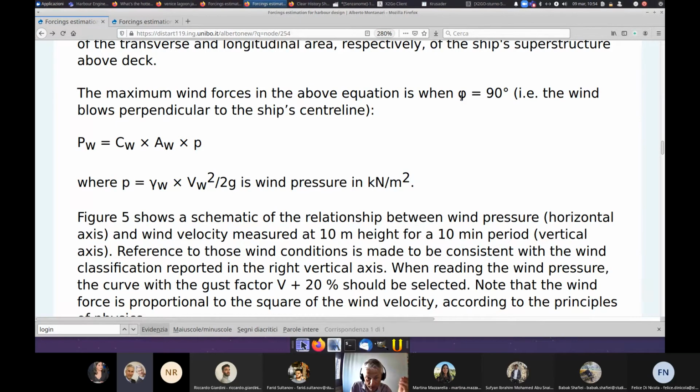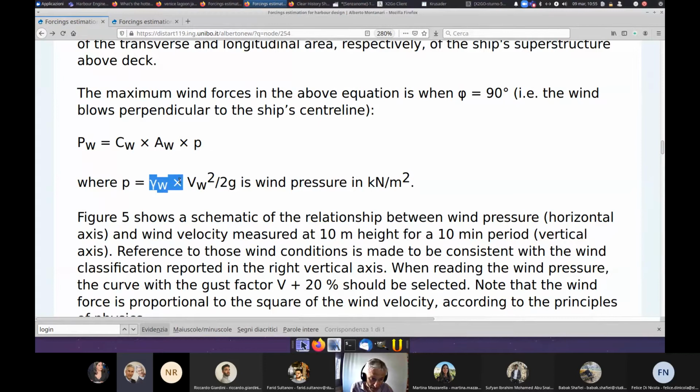So in order to get the max of the wind force, you have to take the wind that is acting perpendicularly to the longitudinal area, so phi is equal to 90, and you get this expression for the max, which is CW, and CW will be equal to 1.3 times AW, which is the longitudinal exposed area of the ship, times P. What is P?